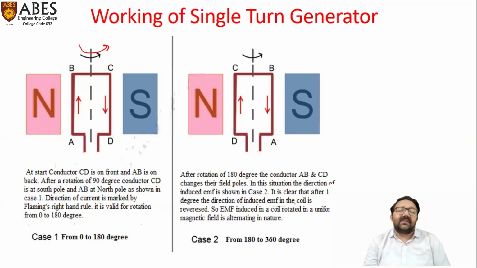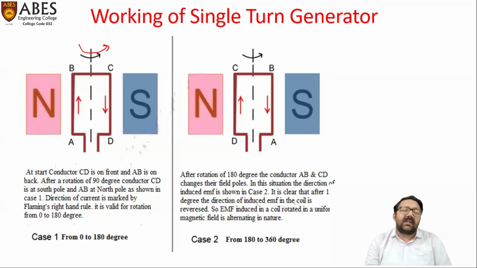So we can clearly see that conductor AB, in the influence of the North Pole, is carrying current in the upward direction, whereas conductor CD, presently in the influence of the South Pole, is carrying current in the downward direction. This direction of current will continue as long as the rotation of the conductor continues from 0 to 180 degrees.